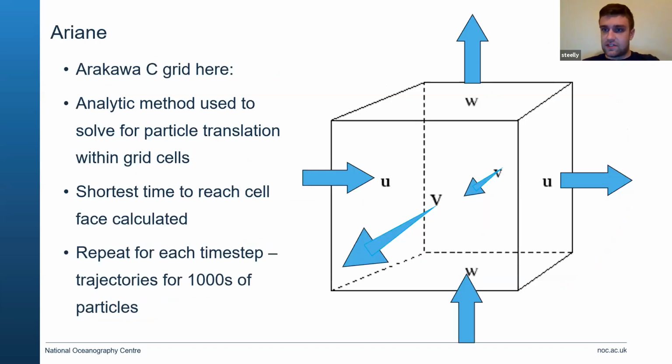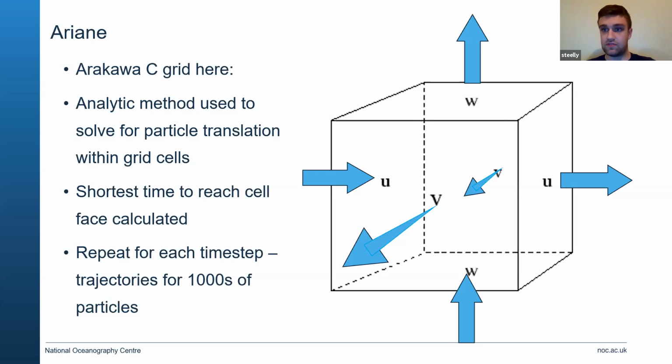So how exactly does Lagrangian particle tracking work for anyone who isn't familiar with it? I've just taken a simple cartoon of a model grid cell. The NEMO model that we're using uses the Arakawa C grid, where you've got velocities saved at each face of the grid cell.